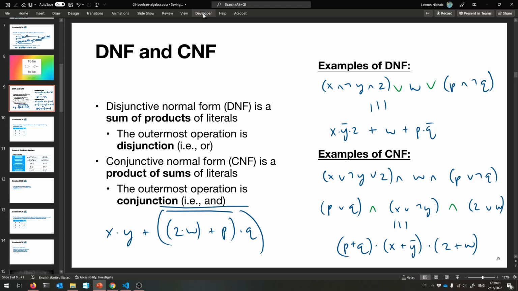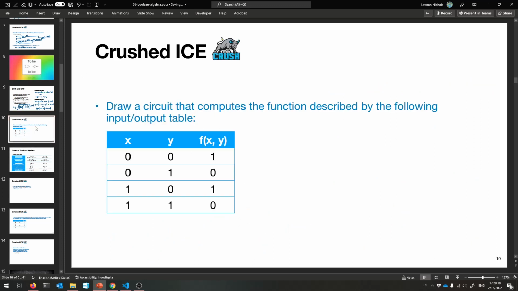So we don't like this. Too complicated. We'd like to transform it into DNF or CNF. There's ways to do that. So that's the idea of those. And yeah, it's going to be helpful to get things into that form.